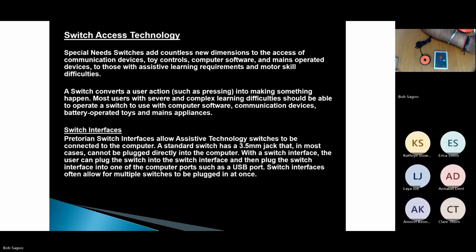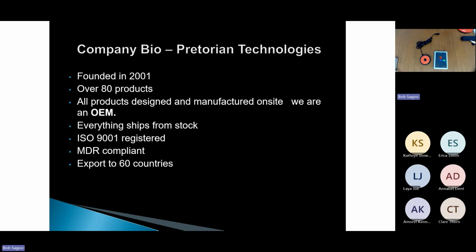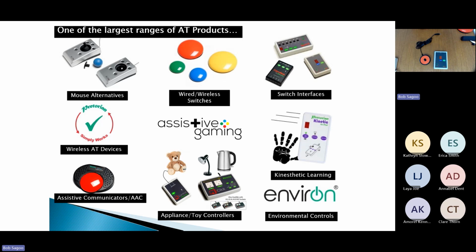Very briefly, I'm going to skip through this because we haven't got a huge amount of time. Just a bit of general information about Pretorian and who we are. We have one of the largest ranges of AT products in this sector. We are an OEM, so we design and manufacture all of the solutions that you see there, which is quite a statement, given that we're not the biggest of companies.